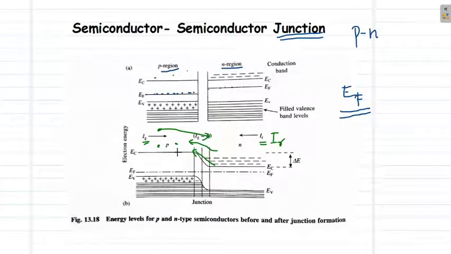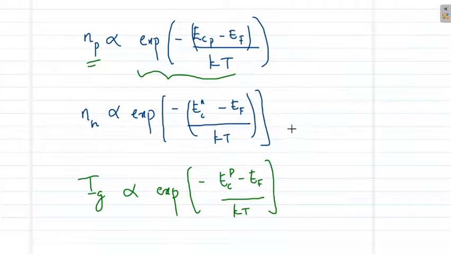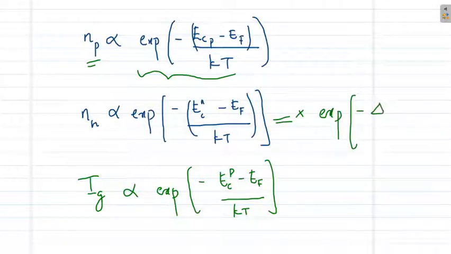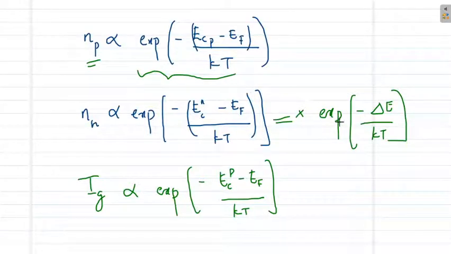How much is that barrier? That barrier is ECP minus ECN. Here delta E is equal to ECP minus ECN. So even though this many electrons are available in the conduction band, only a fraction of exponential minus delta E by kT of these electrons will be able to move across the junction.